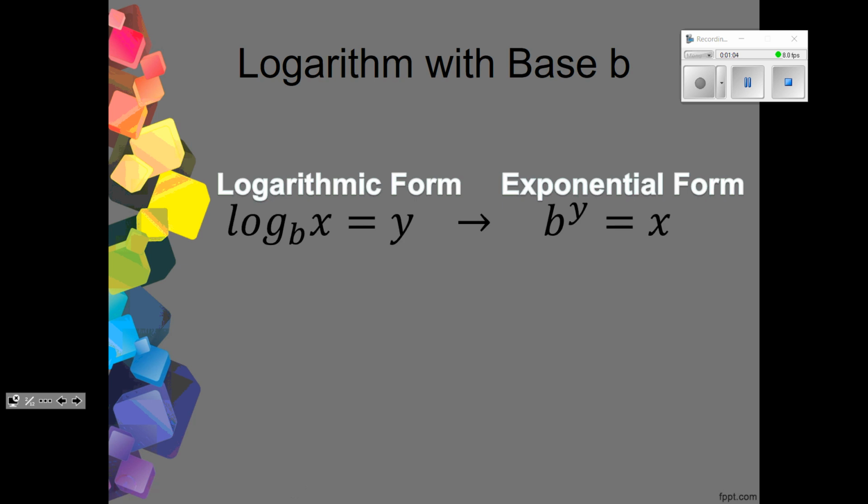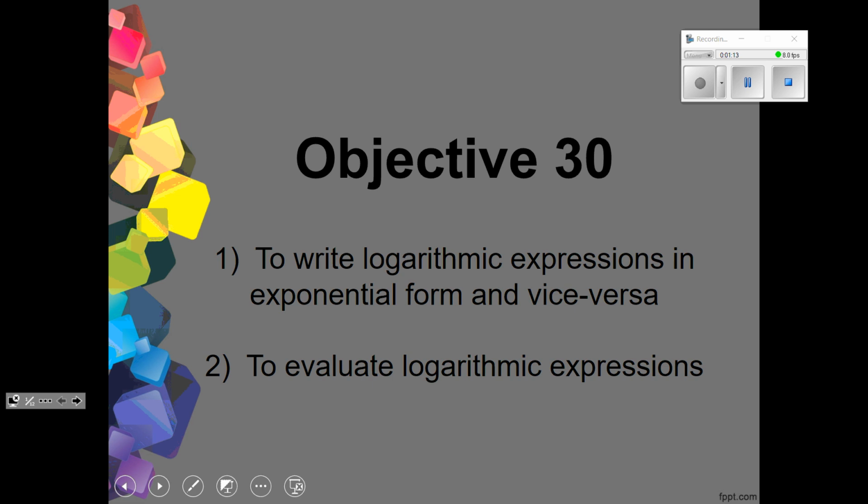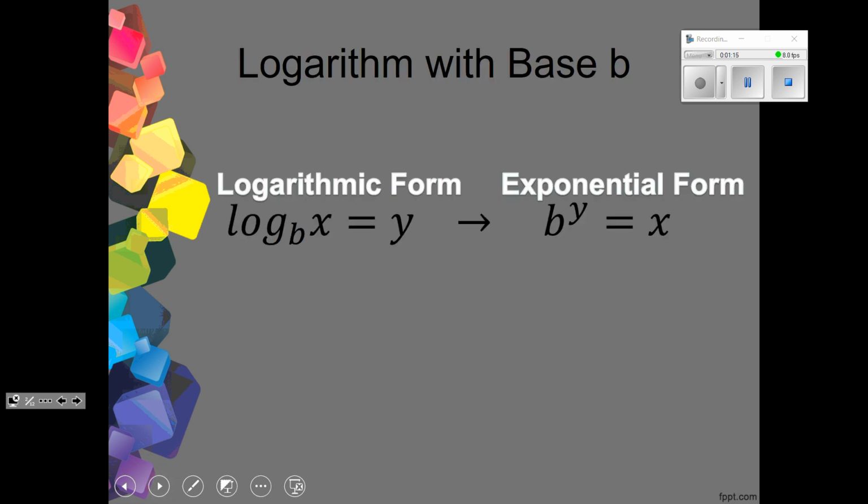Let's look at the exponential form first. b to the y is equal to x. Your base is b. The exponent is y. And when you raise that base to that exponent, it's equal to x.